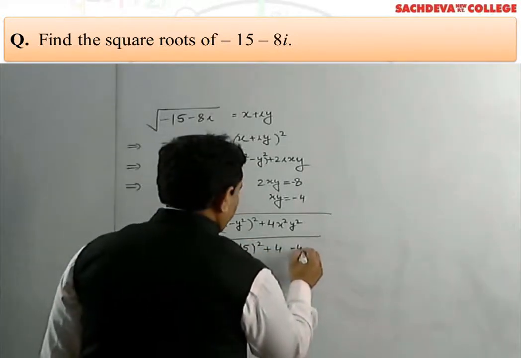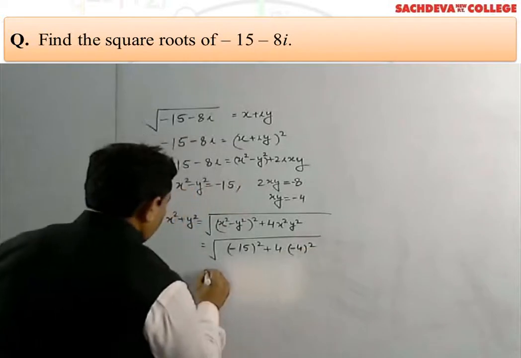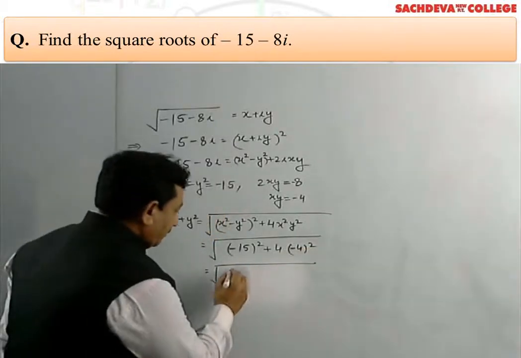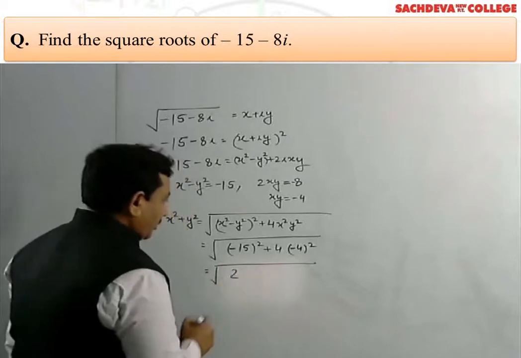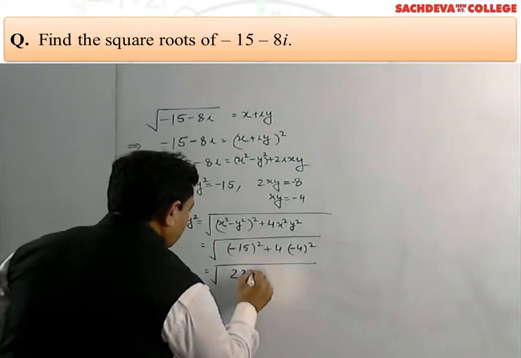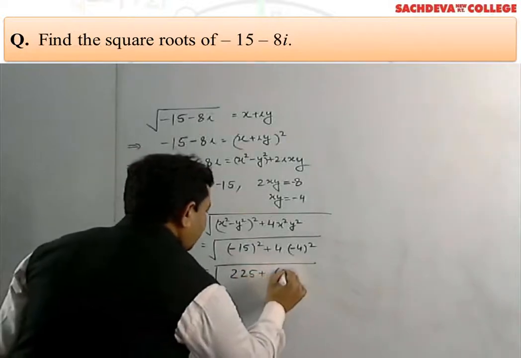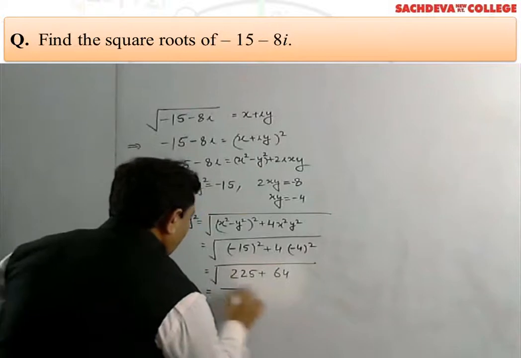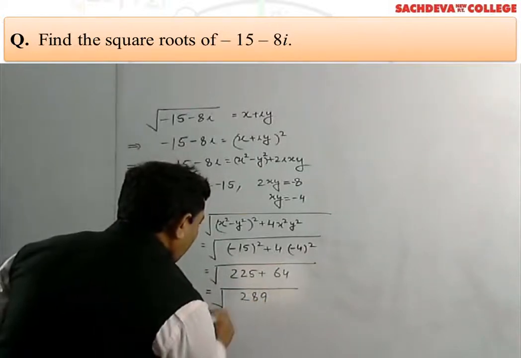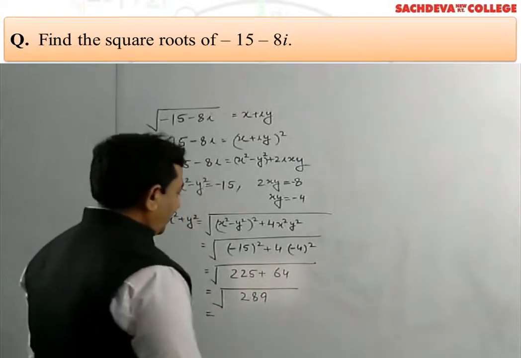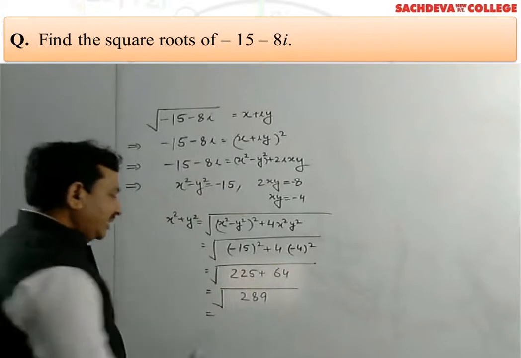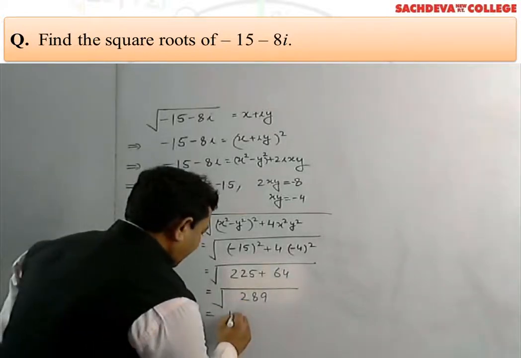So minus 4 square, is equal to under root 225, because 15 square is 225, plus 4 into 64, or you find 289. This is under root 289, and under root 289 is 17. It means this will be 17.